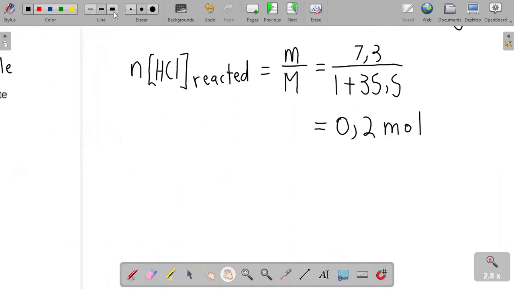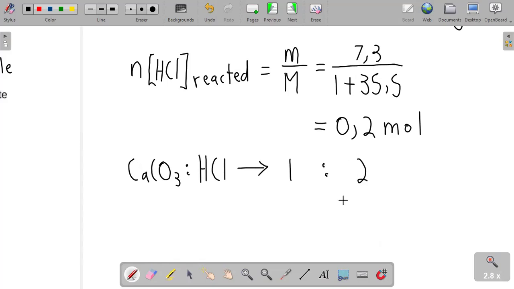So now, calcium carbonate to HCl, the ratio is 1:2. So we have the number of moles of HCl, which is 0.2.